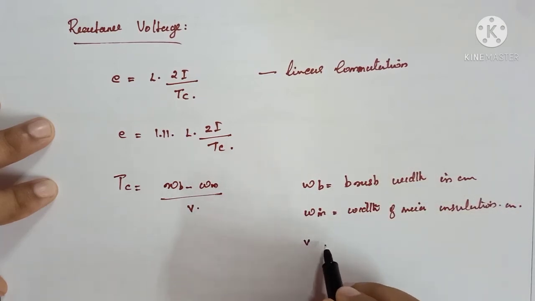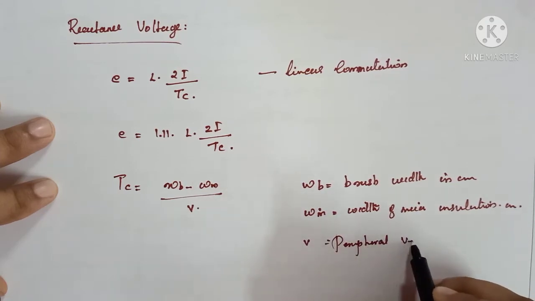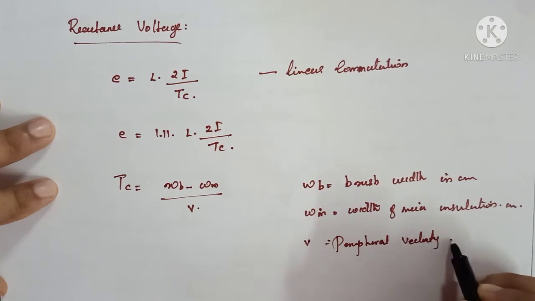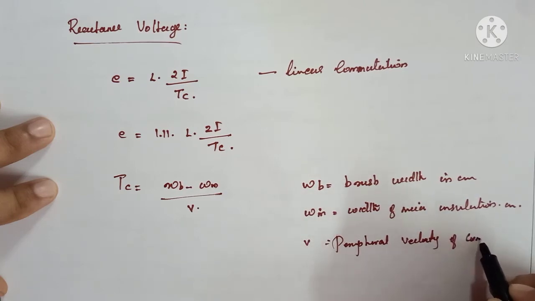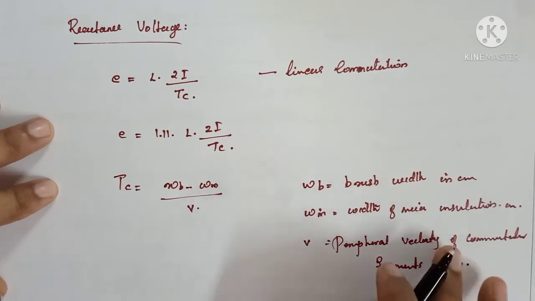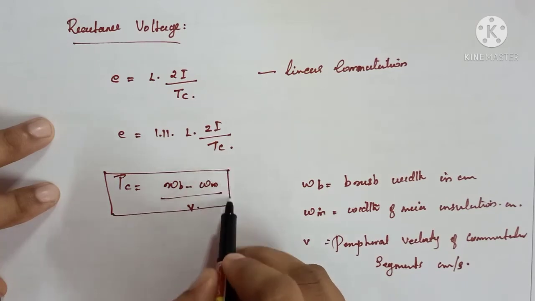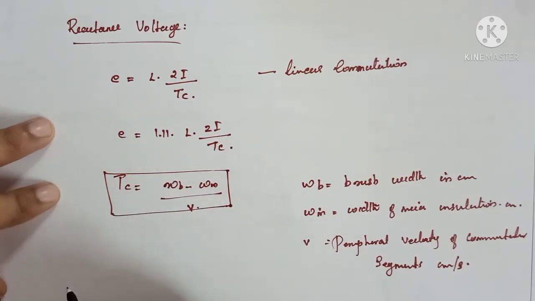V is the peripheral velocity of the commutator segment in centimeter per second. You can use this equation to find out the short circuit period for the commutation.